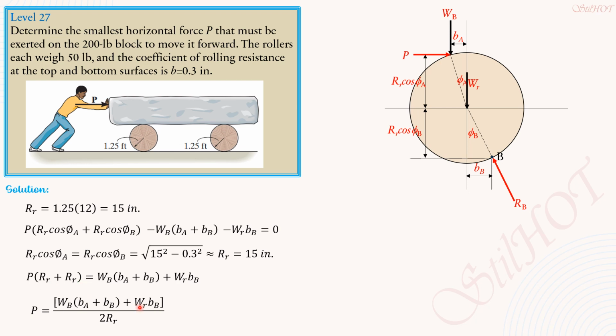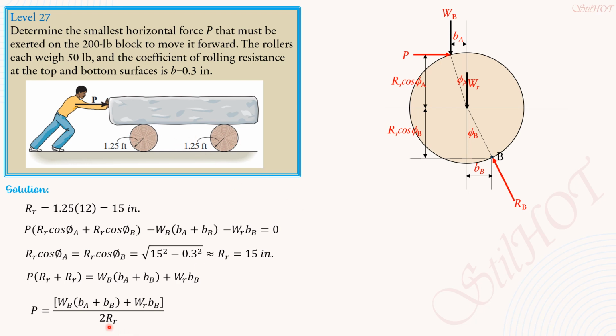So we note that the total weight of rollers is 2 times 50 pounds. W_B is 200 pounds. That's the total load on the 2 rollers, because we imagine there are 2 rollers here, because the given figure has 2 rollers indeed.